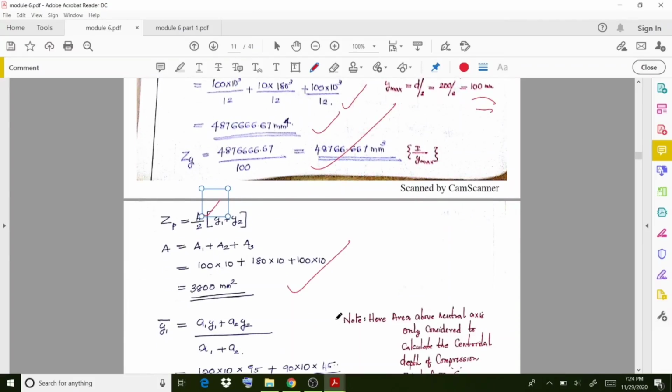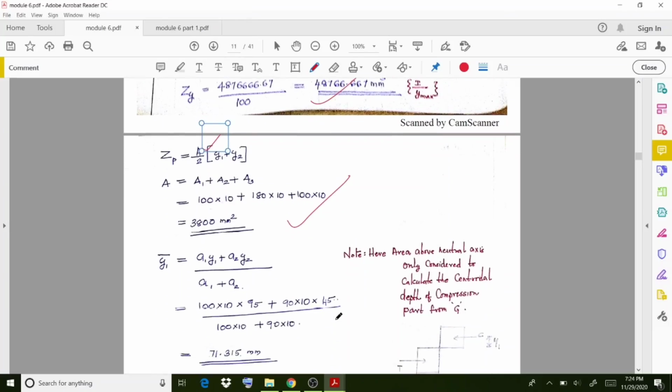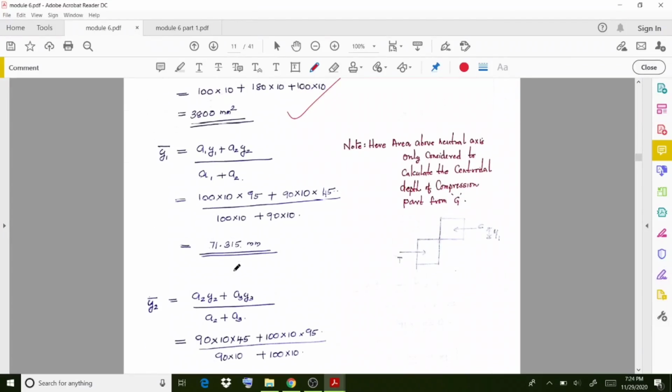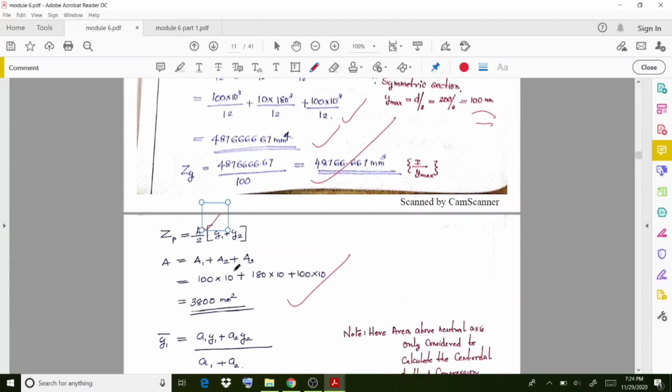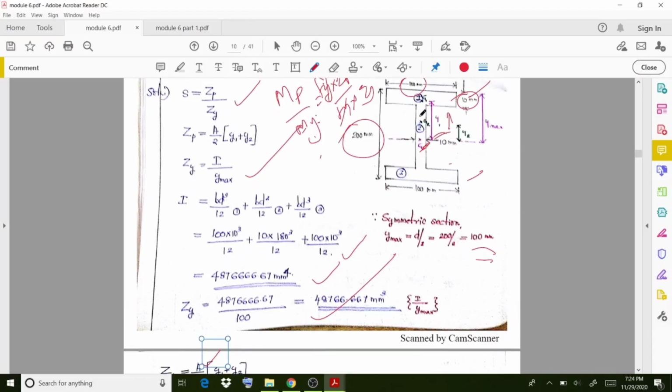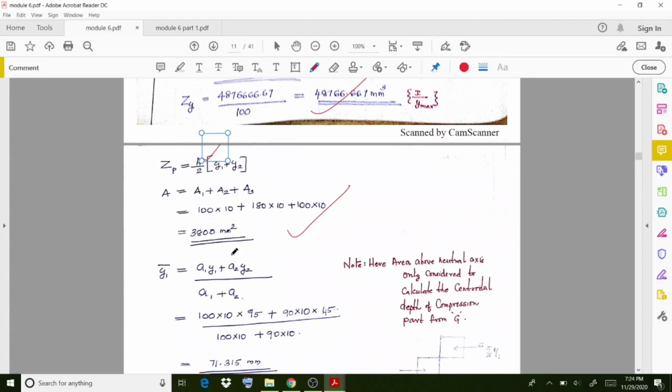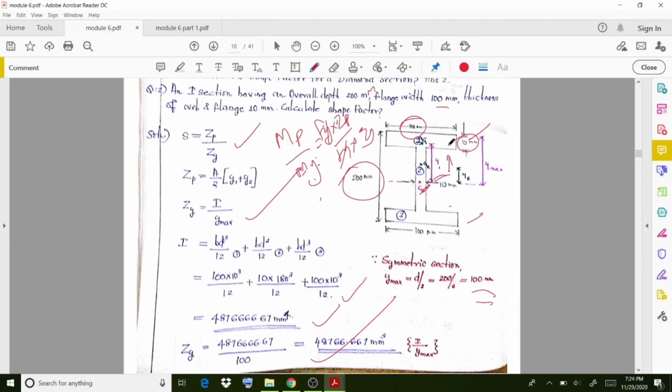Then our next aim is to calculate the y1 bar and the y2 bar. So for finding this value from the plastic neutral axis, what about this y1 bar and what about this y2 bar? So that's the actual case. If you consider this y1 bar, you are going to consider the first two figures, the first two cases, this diagram and this diagram.